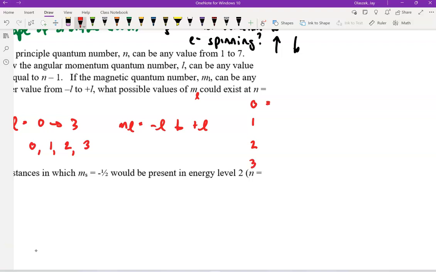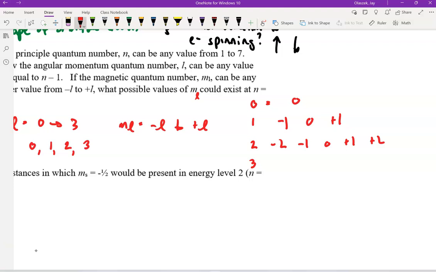For the possible values of M sub L: when L is equal to 0, M sub L can only be 0. M sub L for 1 can only be negative 1, 0, or positive 1. M sub L for 2 can only be negative 2, negative 1, 0, positive 1, or positive 2.